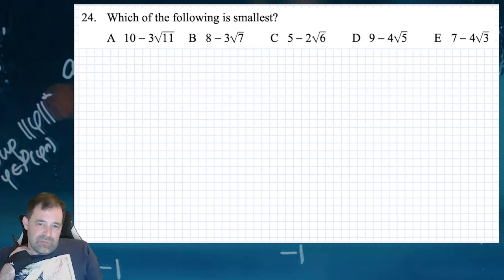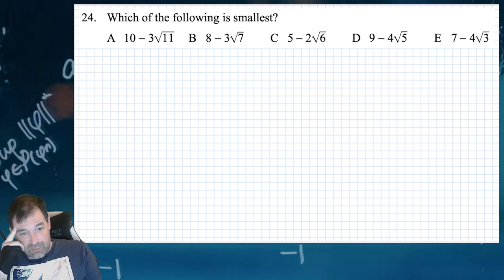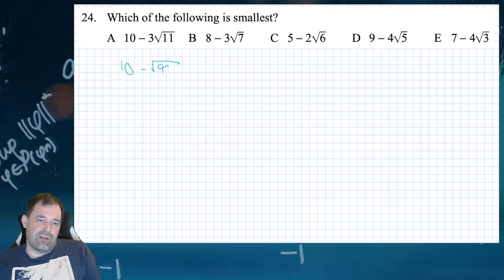Which of the following is smallest? So we can write this as 10 minus root 99, hang on. We can write that like that. We can write that like 64 take root 63.